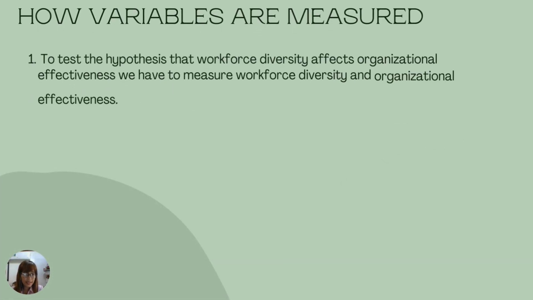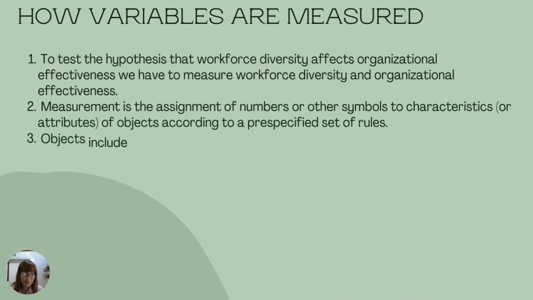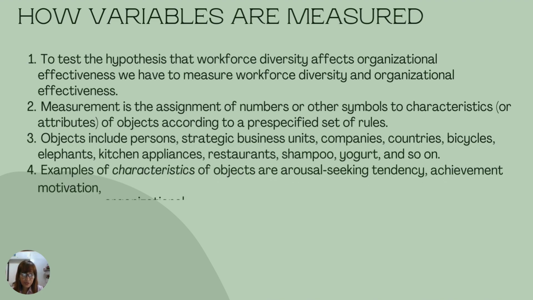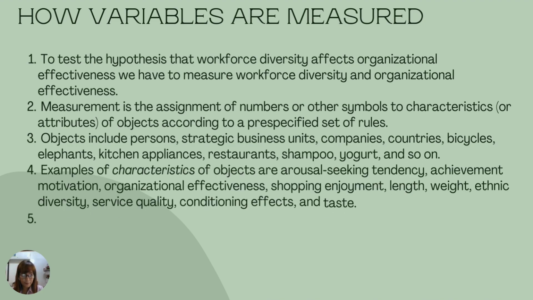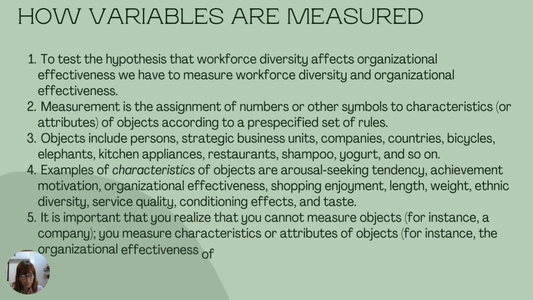First, to test the hypothesis that workforce diversity affects organizational effectiveness, we have to measure workforce diversity and organizational effectiveness. For example, if you want to measure the impact of transformational leadership on project success, we have to measure both variables.